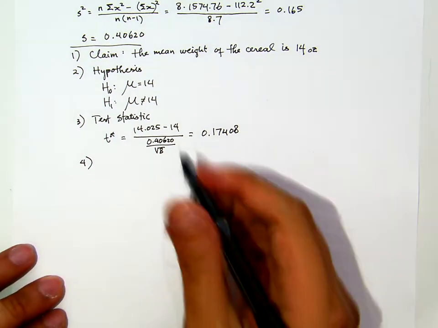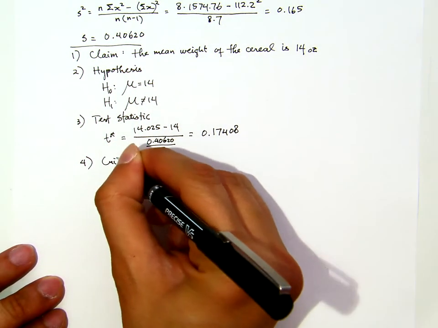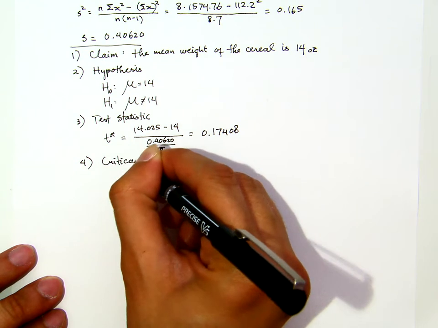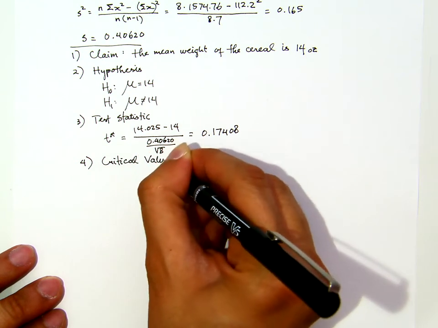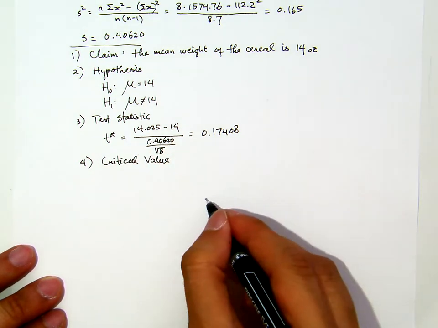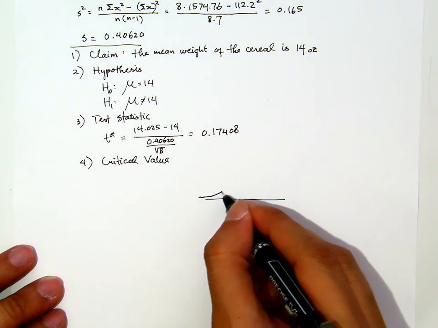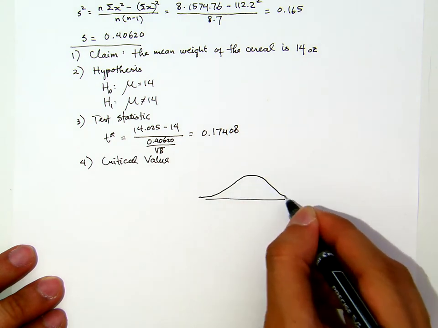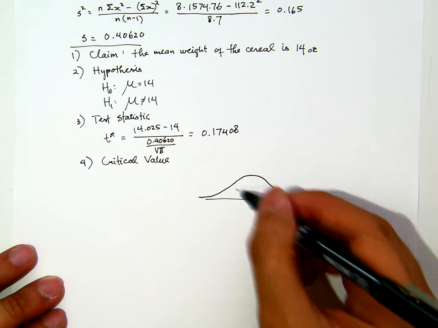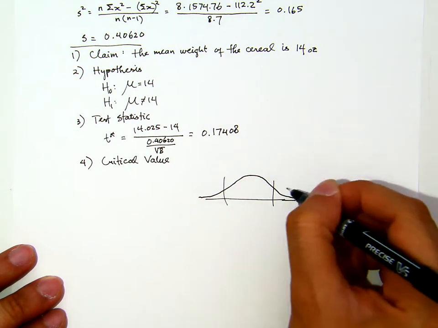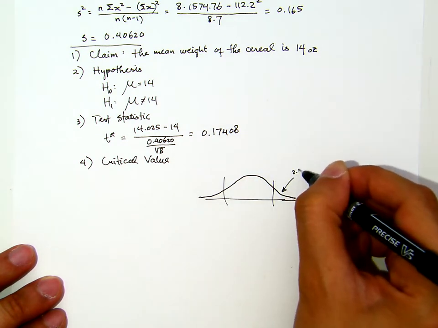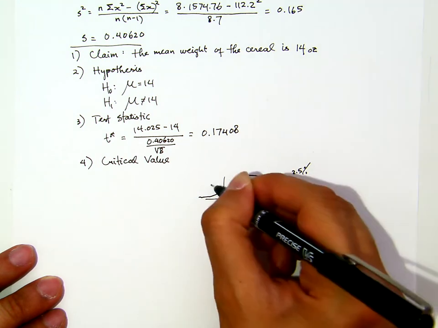Step 4, the critical value. You see, we will use t distribution, right? And the significance level is 5%. So this is 2.5% here, and this is 2.5%.